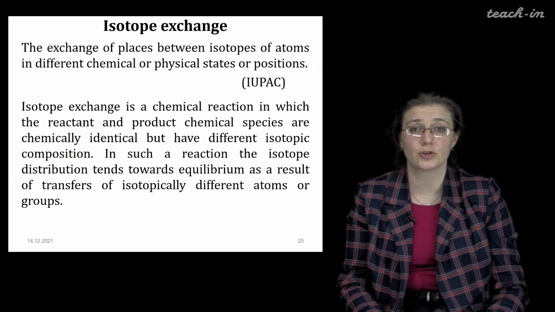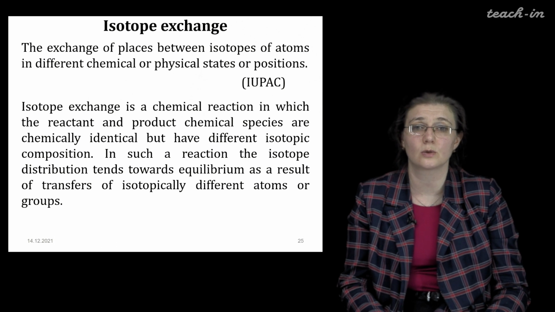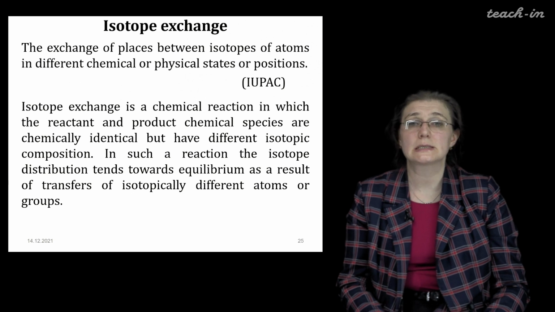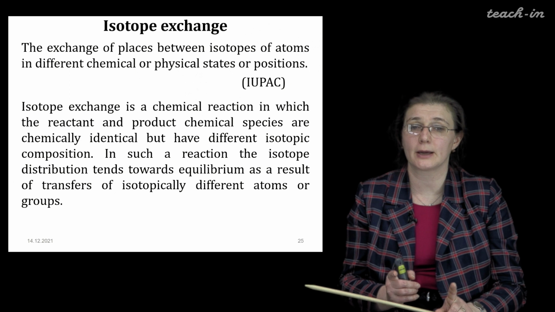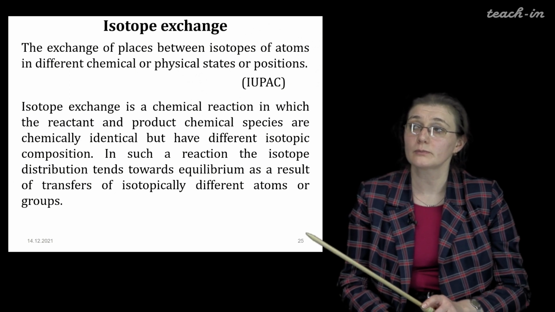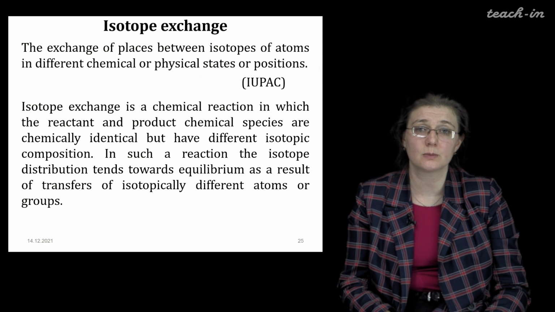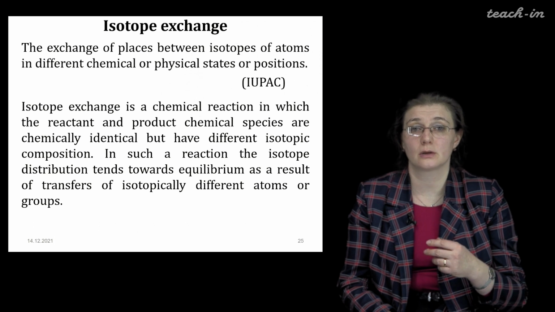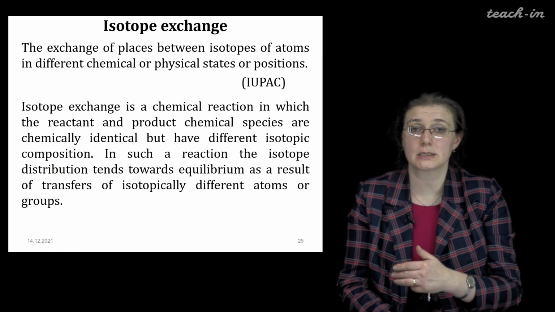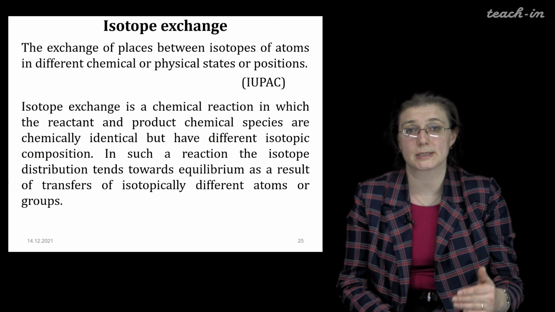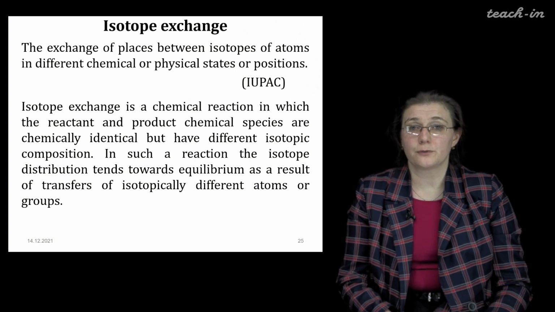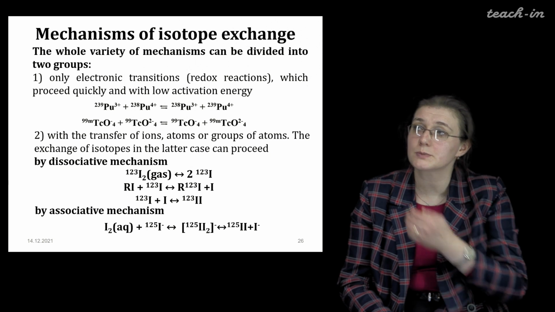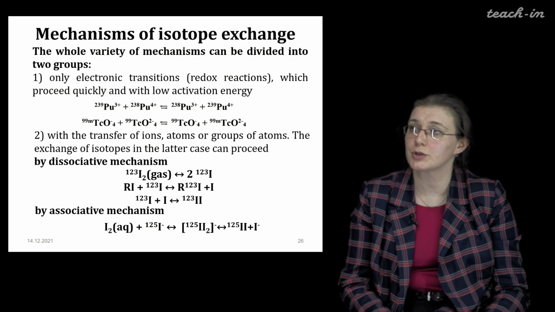Under certain conditions, and sometimes spontaneously, such molecules will exchange a nuclide, and such a system will finally come to equilibrium in which the isotope is distributed in all possible positions uniformly. So let's consider the mechanisms of isotope exchange reactions.